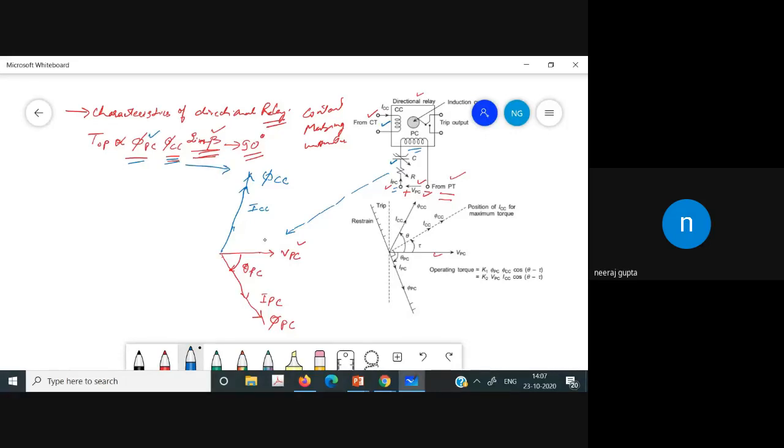As I said, for the production of the maximum torque, the angle between phi CC and phi PC should be equal to 90. Now, let us take the angle between ICC and VPC as an angle of theta.